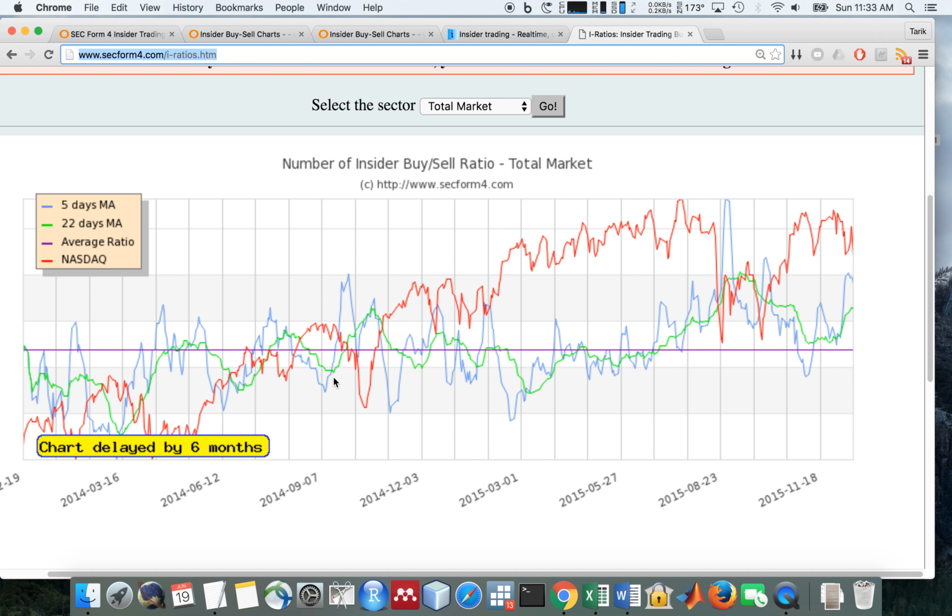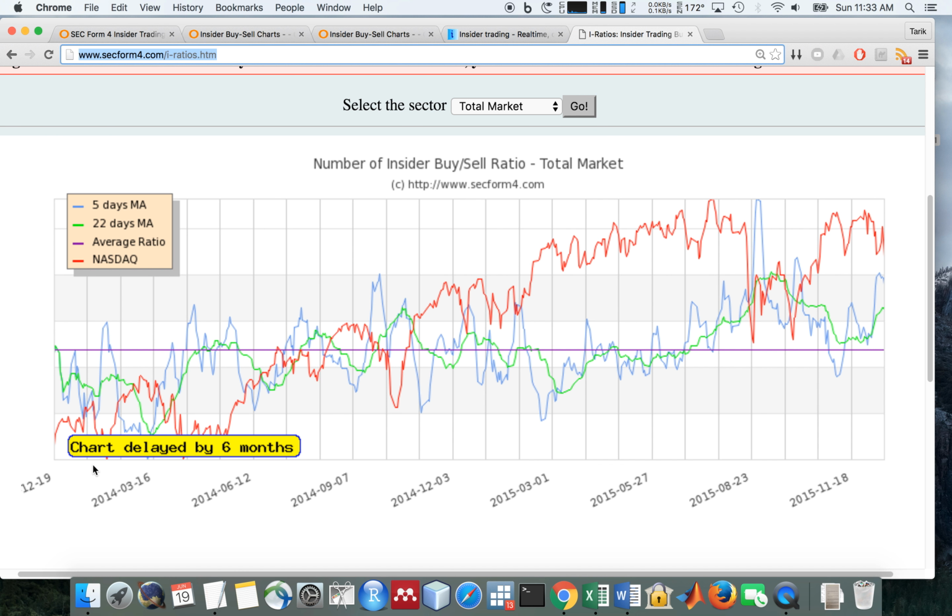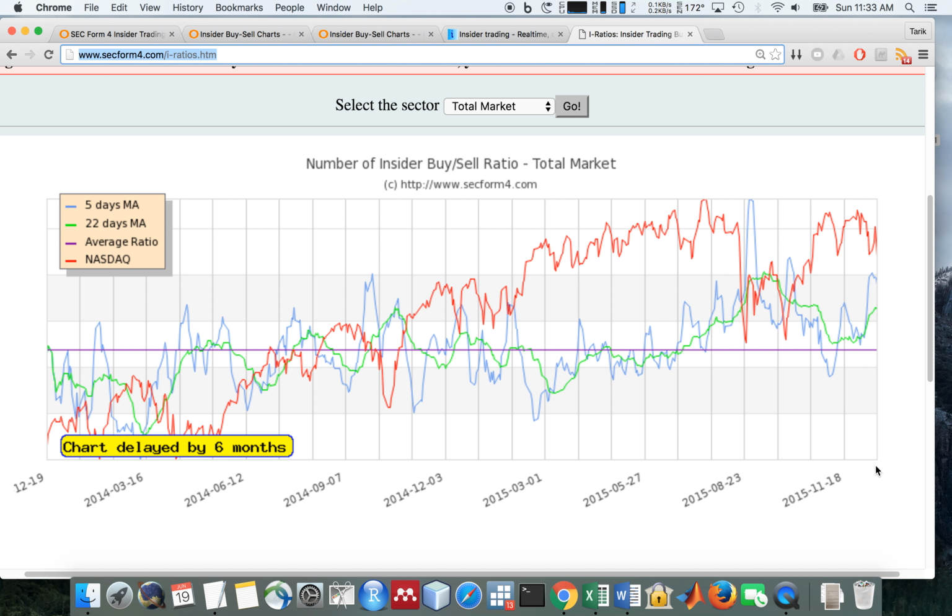You can see here, for example, this is provided by secform4.com. This is from the beginning of 2014 to the end of 2015. You can see, for example, when the stock market went down, the stock market being the red line, the NASDAQ, from March to May, say, during that period the ratio of buying to selling spiked.